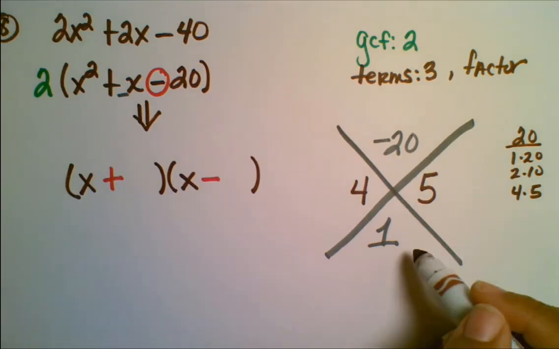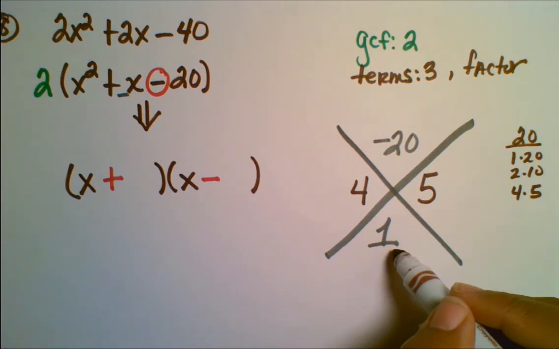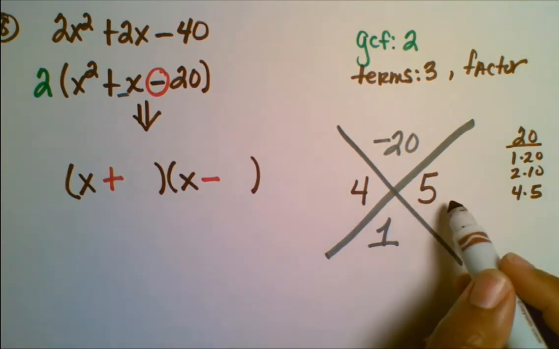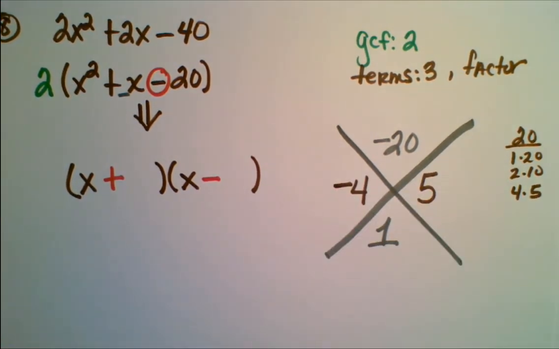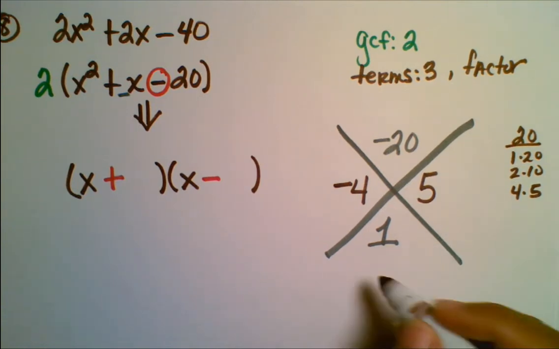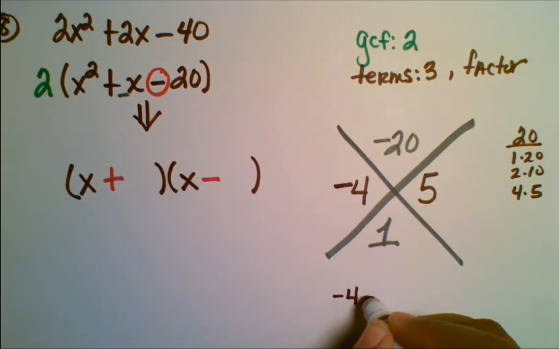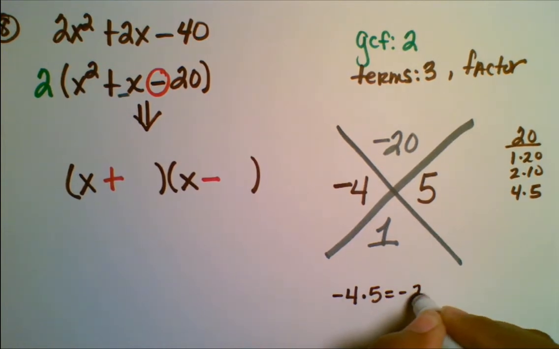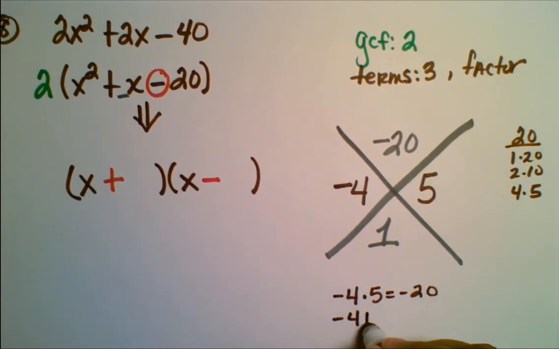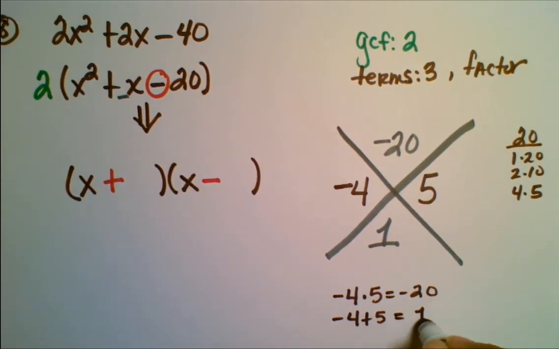And because we want a positive 1, when we add 4 and 5, the 4 must be negative. So negative 4 times 5 is negative 20, and negative 4 plus 5 gives us positive 1.